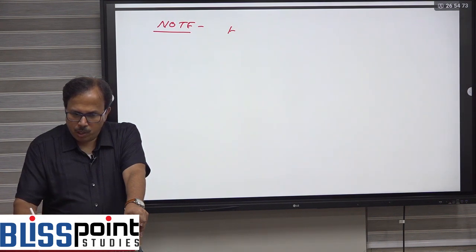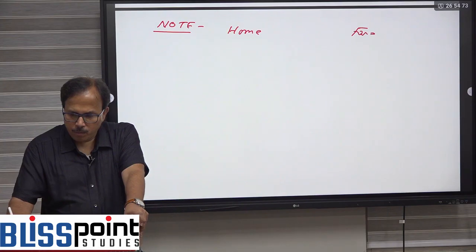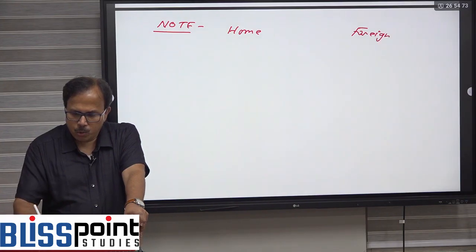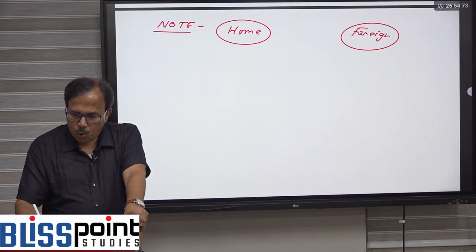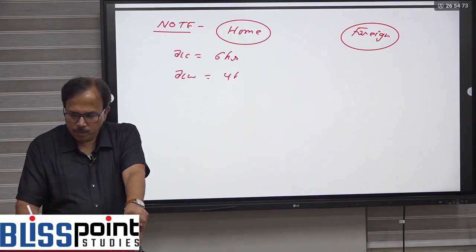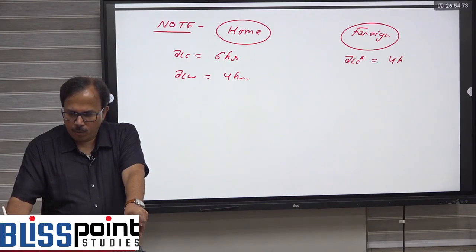Suppose I give you information about a home country and a foreign country, or country 1 and country 2. In the home country, ALC is 6 hours and ALW is 4 hours, and ALC star in the foreign country is 4 hours.